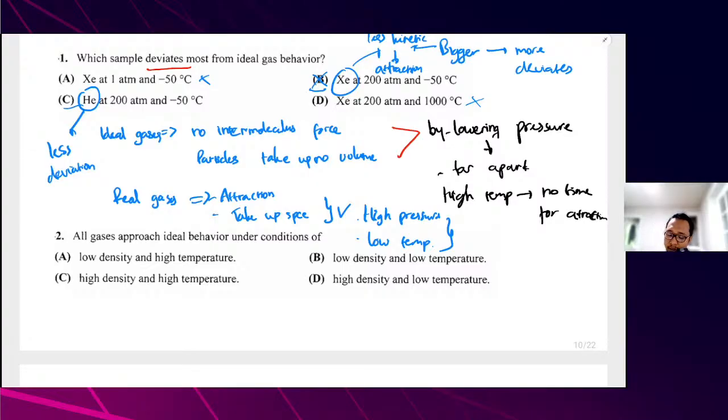So all gases approach ideal behavior under conditions such as what? High temperature, yes, because there is no time for attraction. Low density or high density? The question is about density. Density is related to volume: rho is n per V, moles per volume, so volume is n per rho.